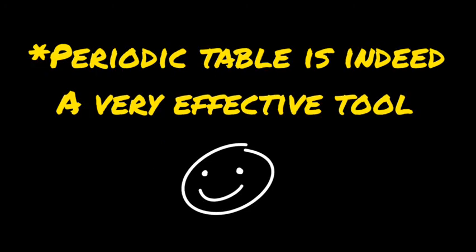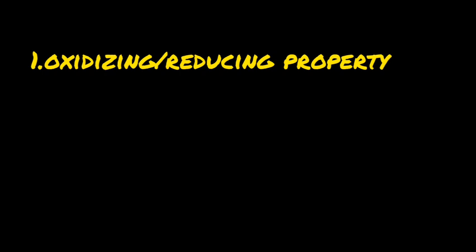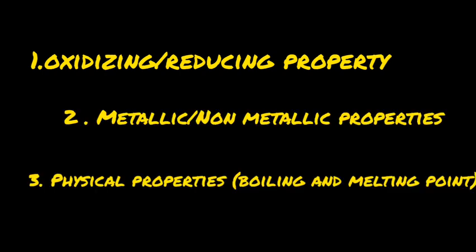I think all the above mentioned periodic properties are enough to explain various trends in the chemical nature of an element, such as oxidizing and reducing property, metallic and non-metallic nature, and also other physical properties. But only if you know the definitions properly can you determine all these things. Okay, let me give you a small hint about all these other characteristics.